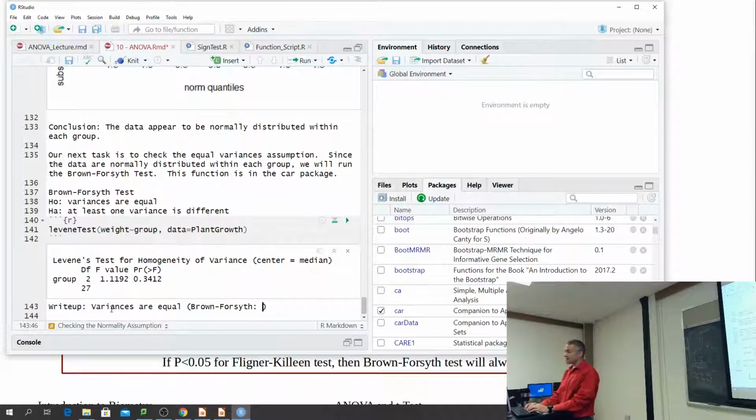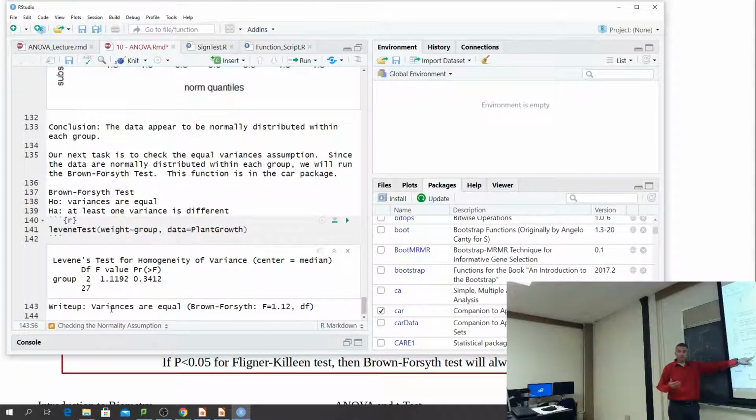So we ran a Brown-Forsythe test. Our F in our output is 1.12. Remember our rounding, we just go to 2 decimal places for our test statistics. Now we have 2 degrees of freedom: the number of groups minus 1. That's our first degree of freedom. And then we have 27.